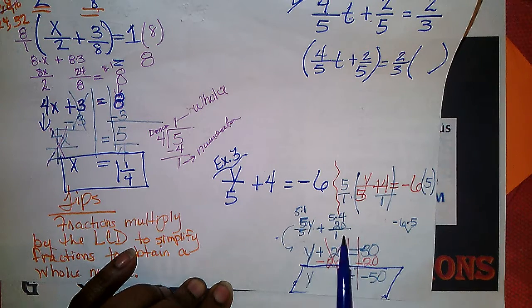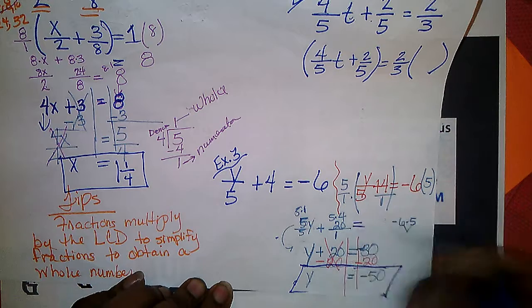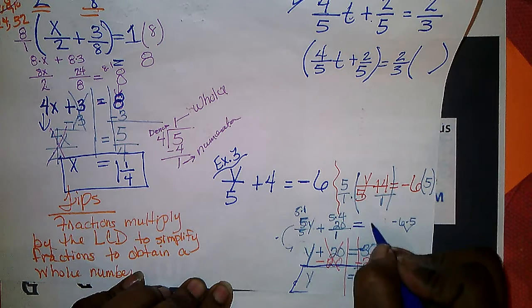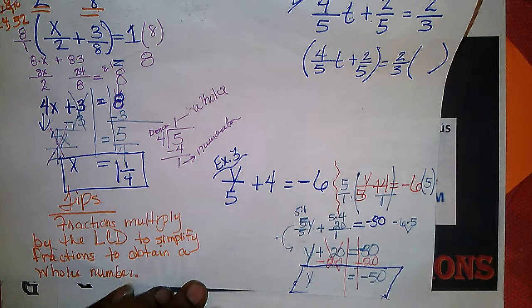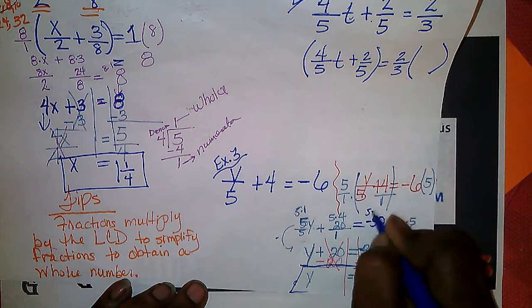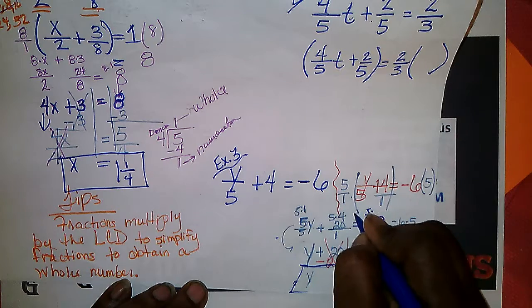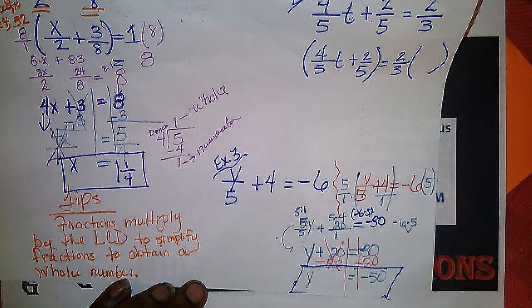Then we have negative 30, because that was 5 times negative 6.